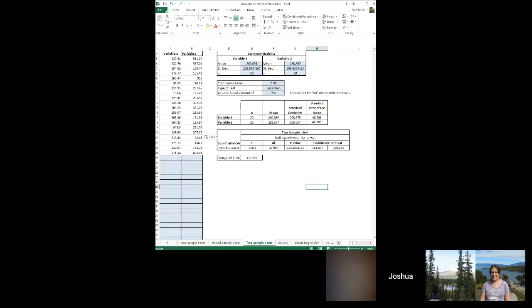So on this next one, are you still doing 2 sample t-test? Yes. Okay, I just copy and pasted it. You've got to be careful on this one though, because there's not the same amount of samples.